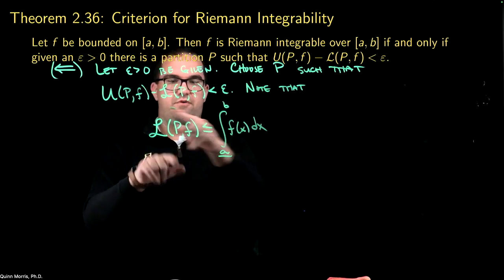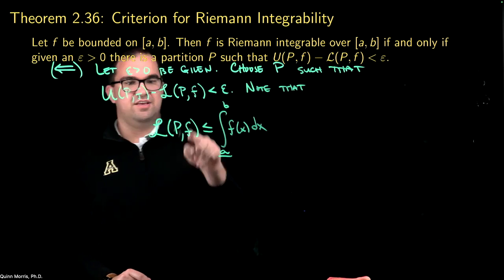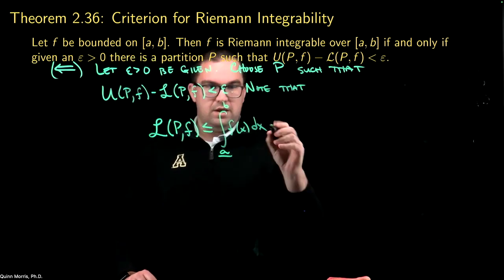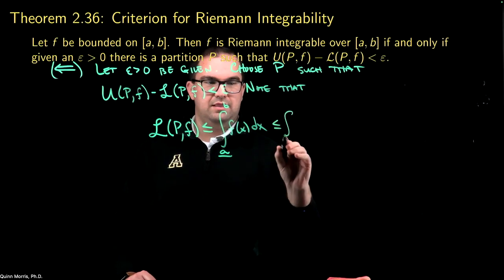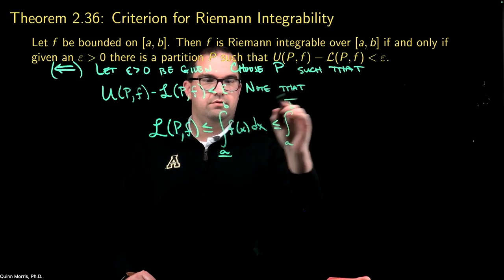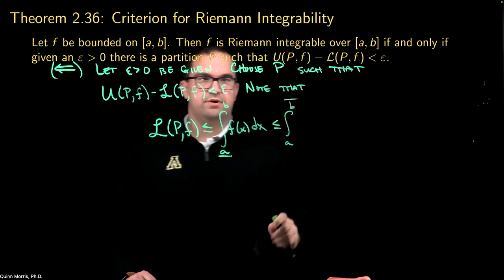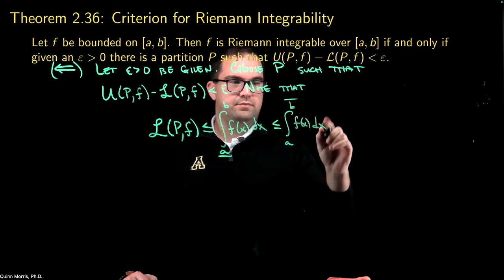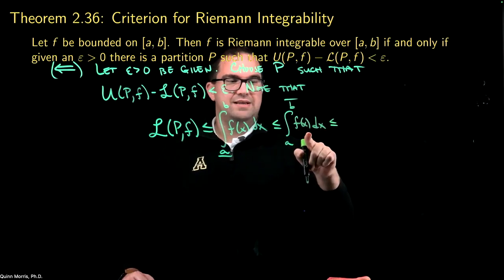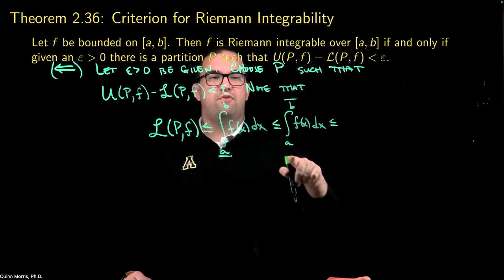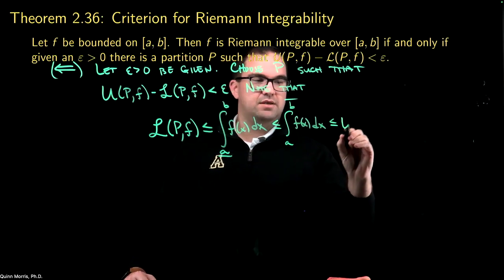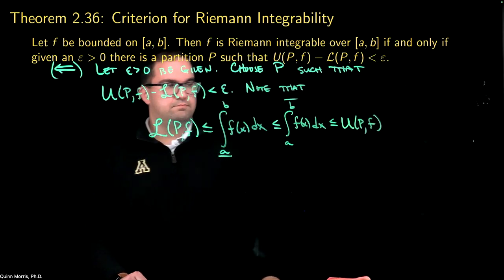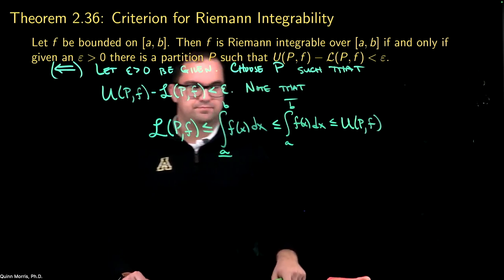So the supremum of all of these things must be at least as large as this particular one for this particular partition. And the lower Riemann integral must always be less than or equal to the upper Riemann integral. And the upper Riemann integral is the infimum of all the upper sums, so it must be less than any particular upper sum. So it must be in particular less than this.